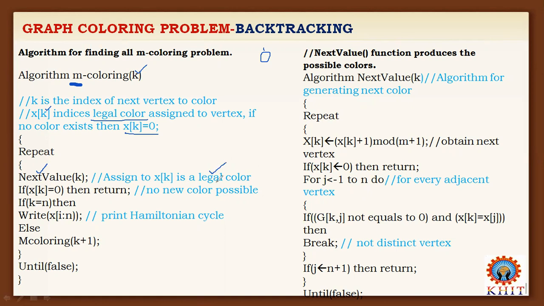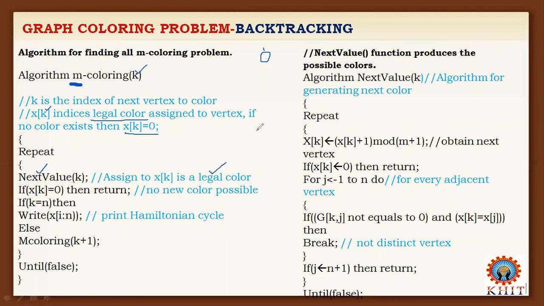If no new color is possible, x of k is equal to 0. Then what to do? You can apply the backtracking technique. Then you can change the previous colors, and then fill the vertex with the new color.